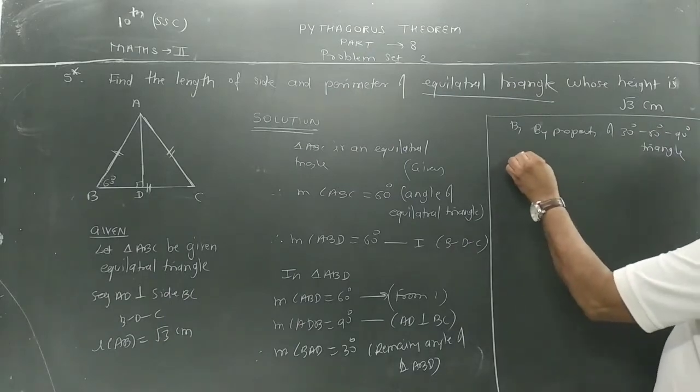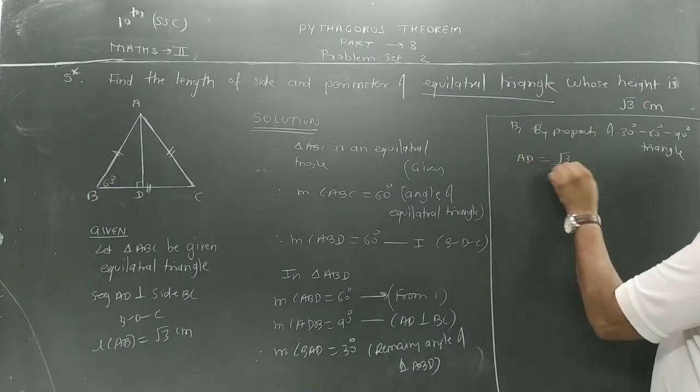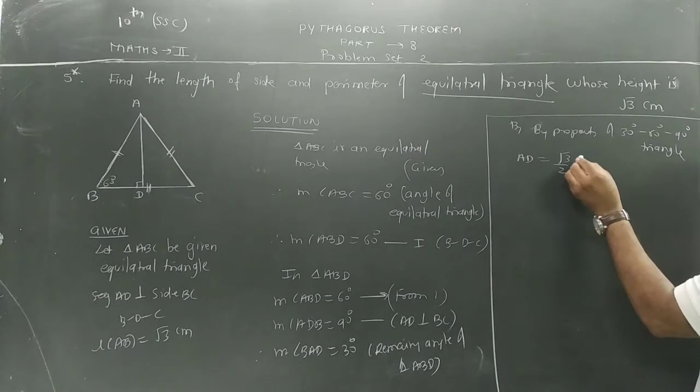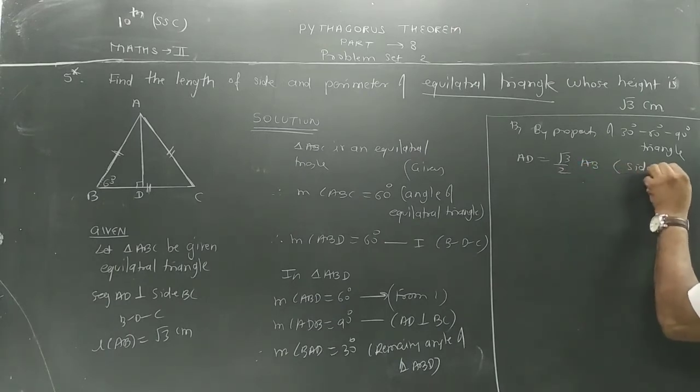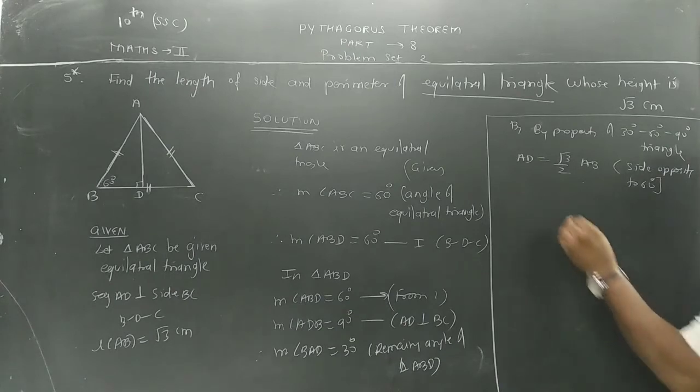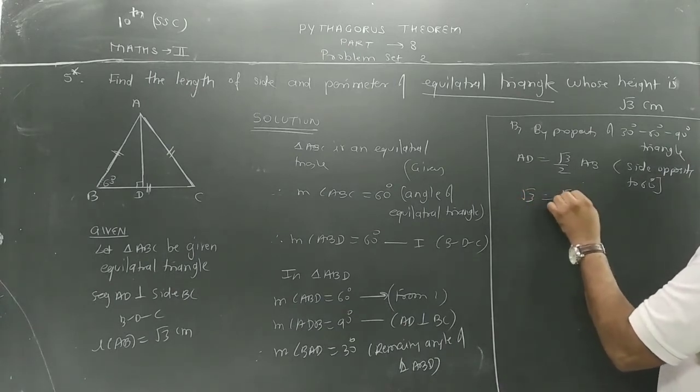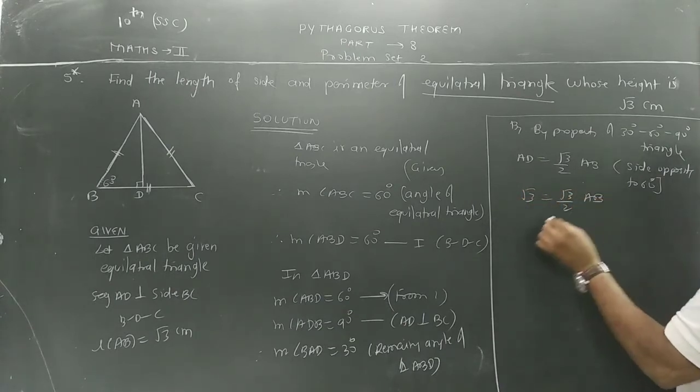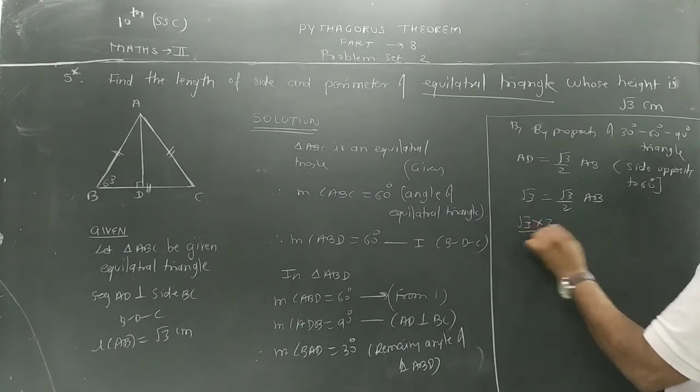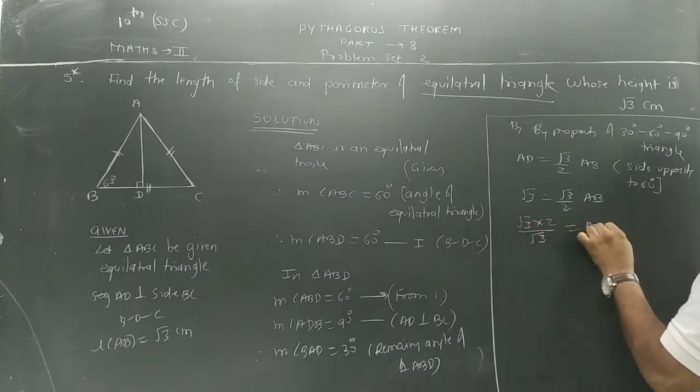So what I can write is AD is root 3 upon 2 times AB, the side opposite to 60 degree. So AD we know is root 3, so root 3 is equal to root 3 upon 2 into AB. So root 3 into 2 upon root 3 is equal to AB.